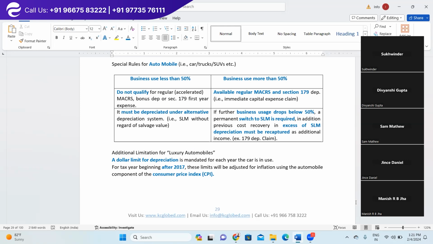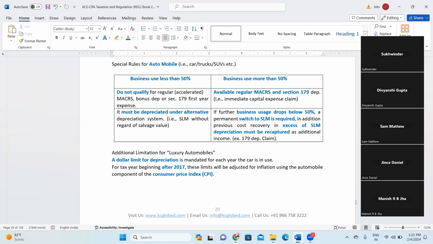Business houses are using them. So in the US, normal businesses are using these luxury cars for business. So how do you define a luxury? Is it a dollar specification? Yes, we'll come to that. What all comes under the luxury automobile category?